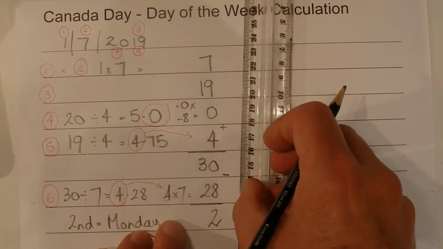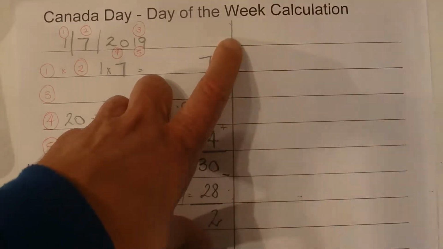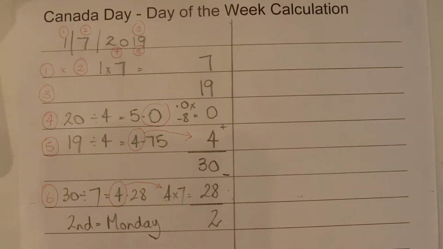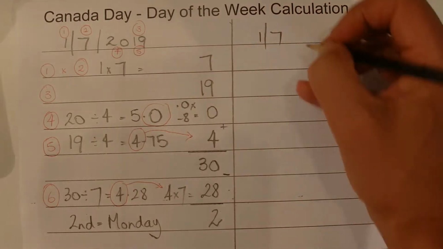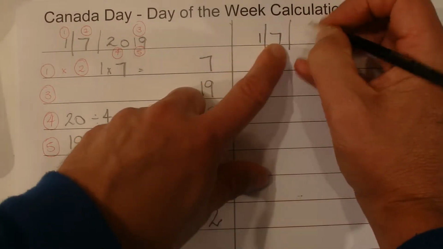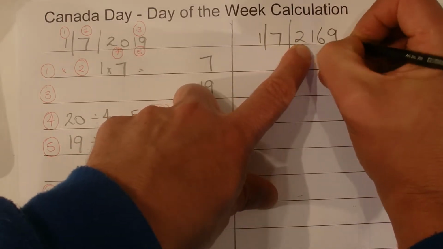Now I'll do the calculation for another date, just to give you a sense of how it works for different dates. In this case I'm going to jump ahead 150 years and do the 1st of July 2169.